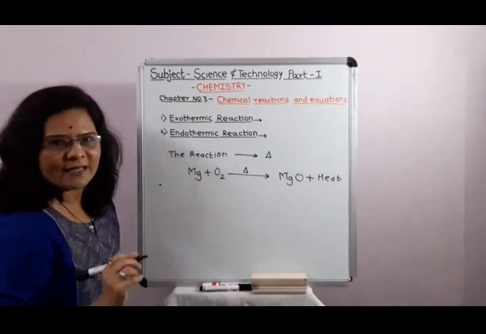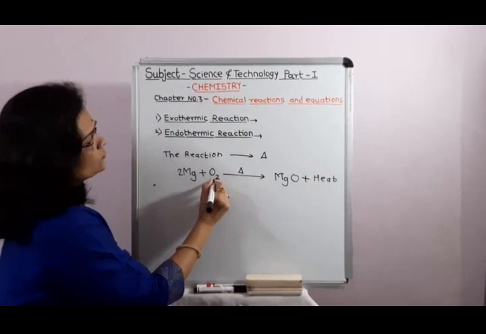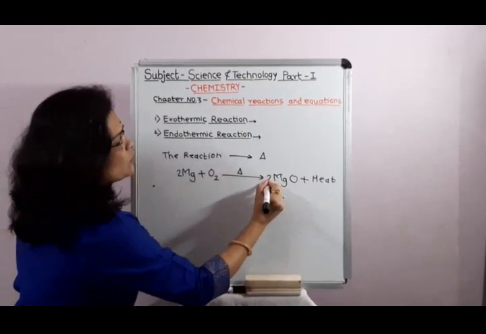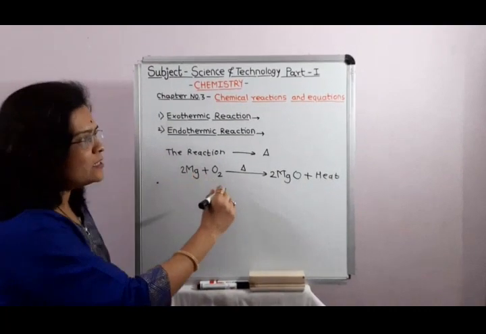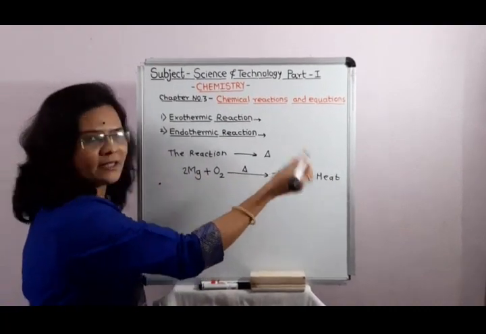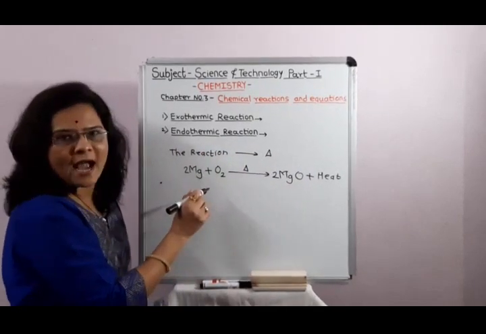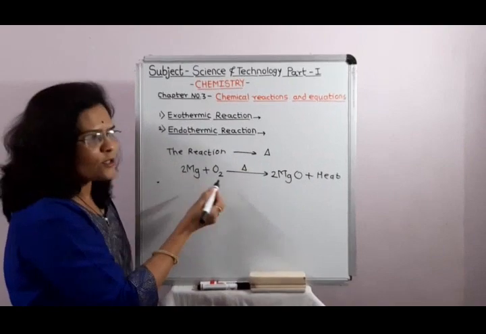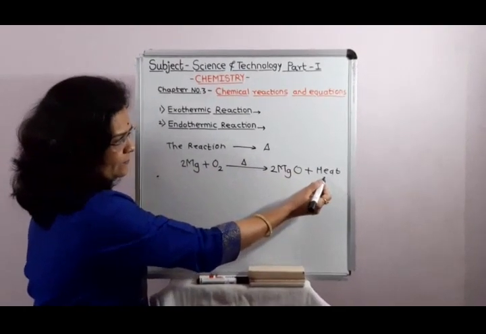This is not a balanced reaction: 2Mg + O2 gives 2MgO. When magnesium ribbon burns in air, it burns brightly and heat is given out. This is a combination reaction but also an exothermic reaction because heat is liberated here.